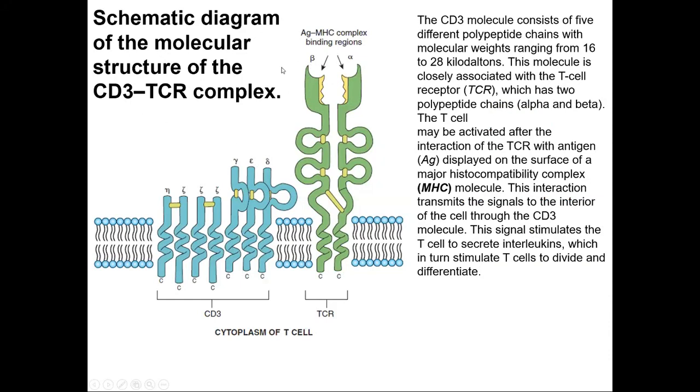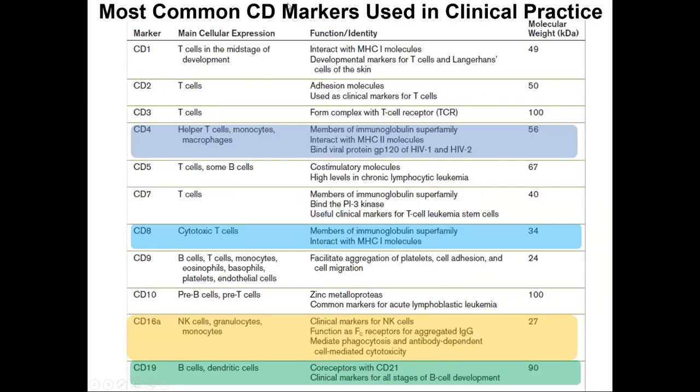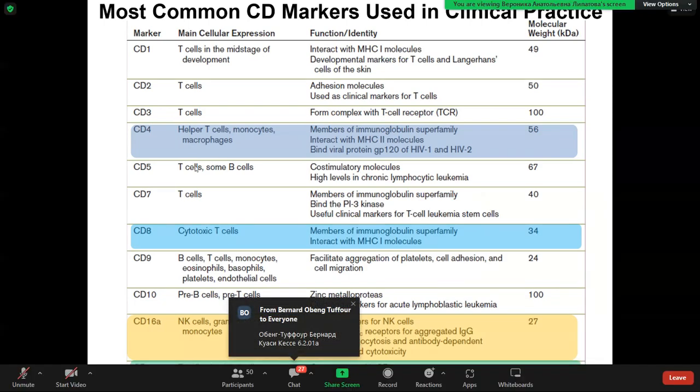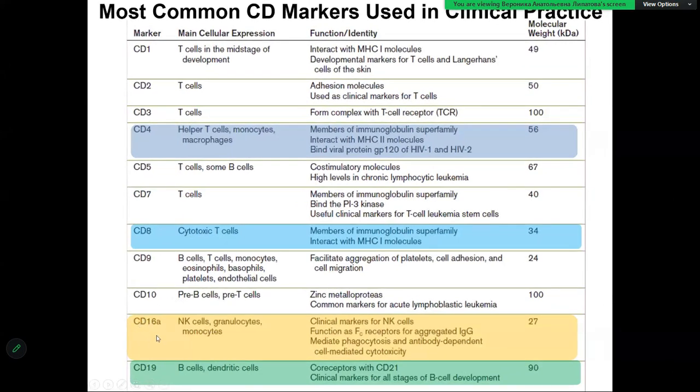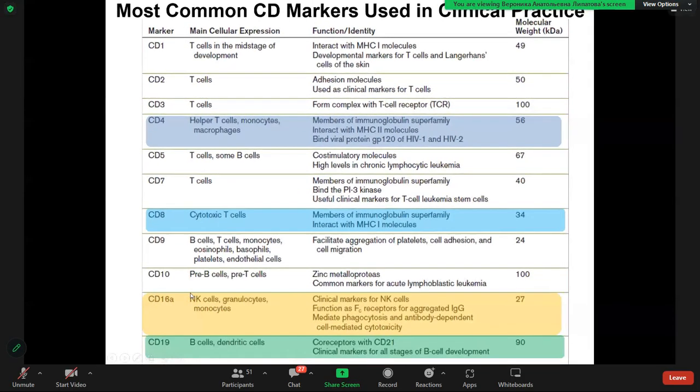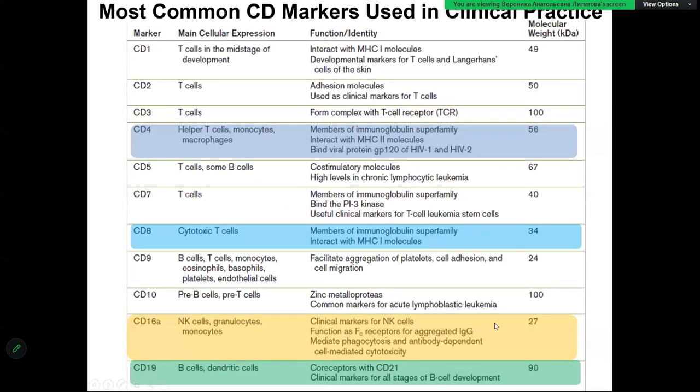This is a schematic diagram demonstrating the structure of the T cell receptor, and the most common cluster differentiation markers used in clinical practice. We are interested in CD4, typical for T helper cells, CD8 for cytotoxic cells, CD16 for natural killer cells.